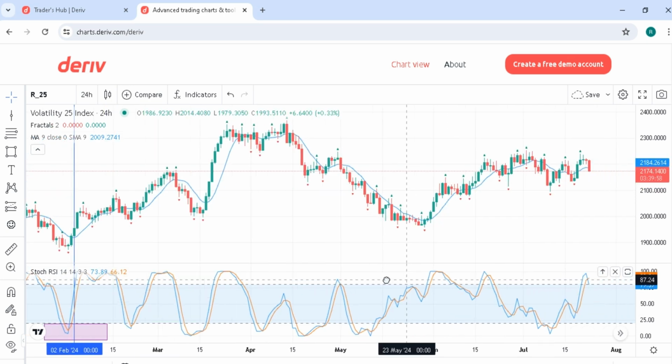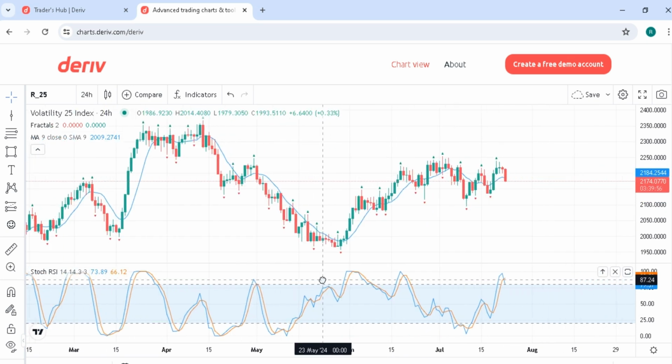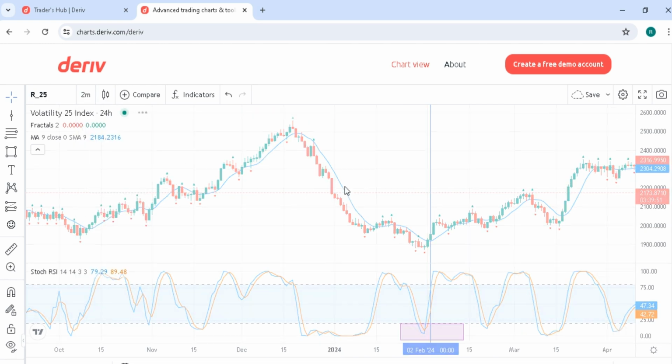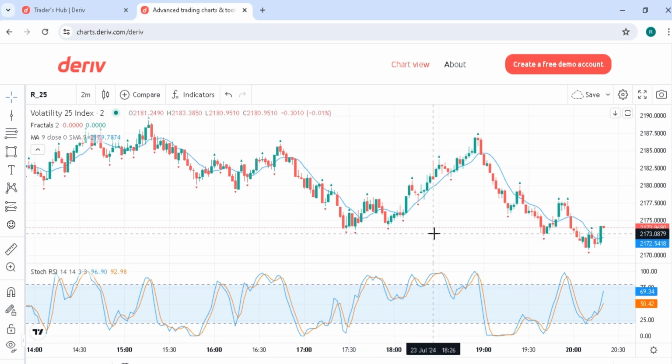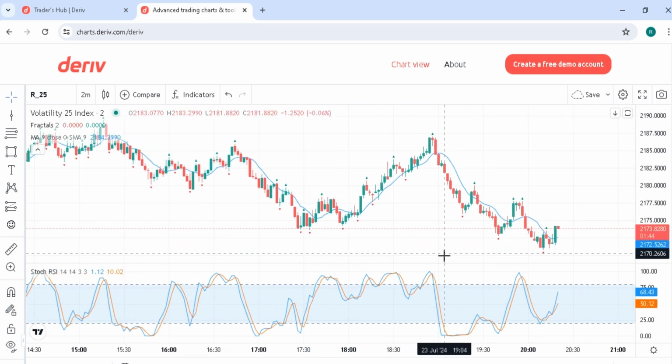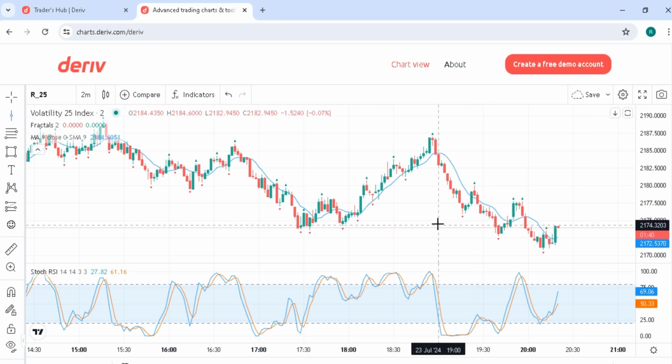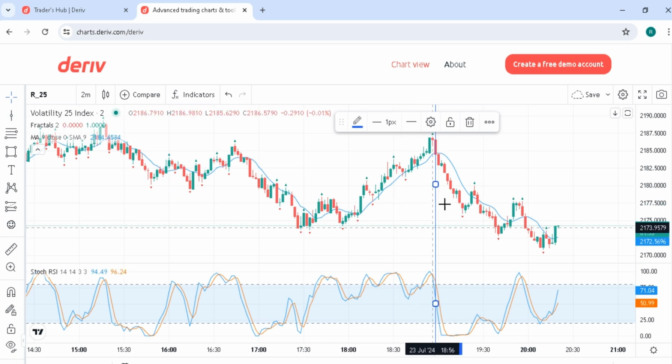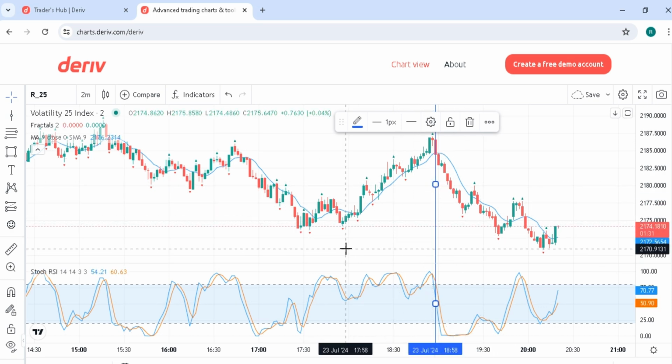Oh, let me change the time frame to 2 minutes so that you can see this clearly. So look at an area like this one. This would be a good entry point for a fall market.